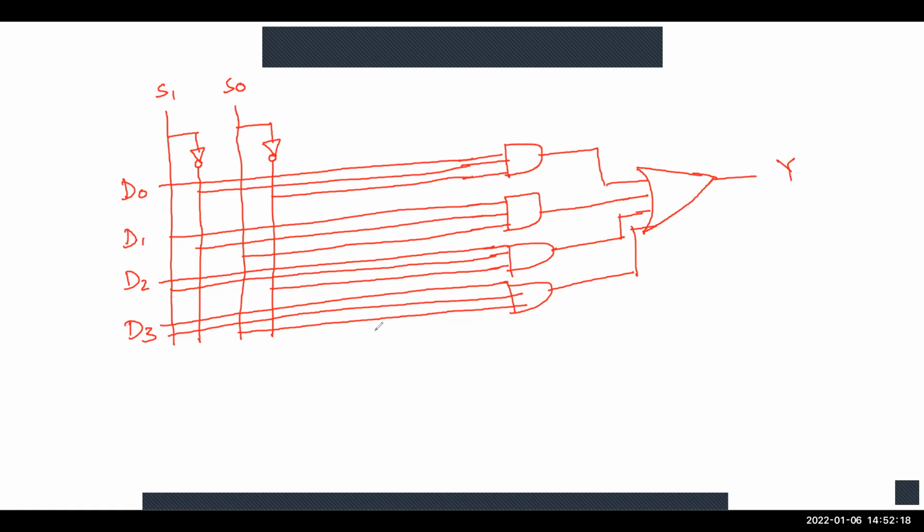This is the output. So this is the logic diagram of the 4:1 mux.